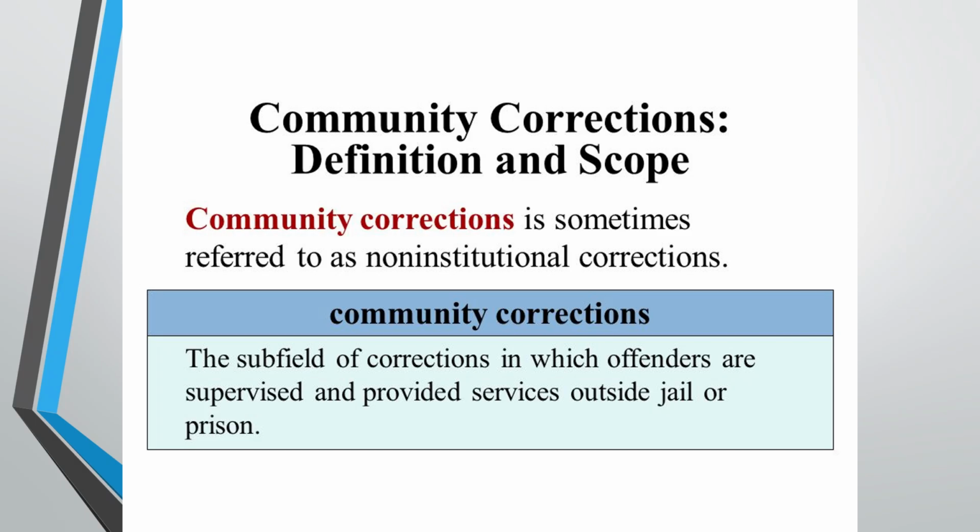It is any time that someone who has been convicted of a crime must be supervised. So, probation would be part of corrections. Intermediate sanctions would be part of corrections. Of course, jail time, prison time would be part of corrections, and also parole.